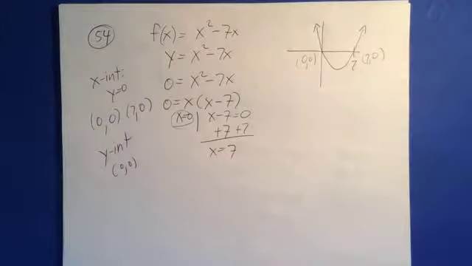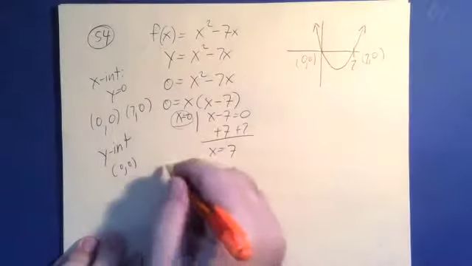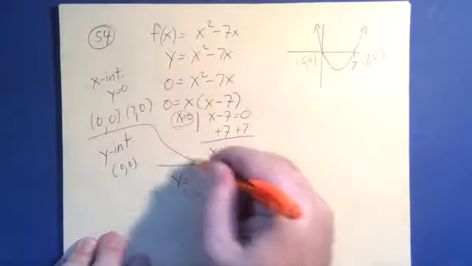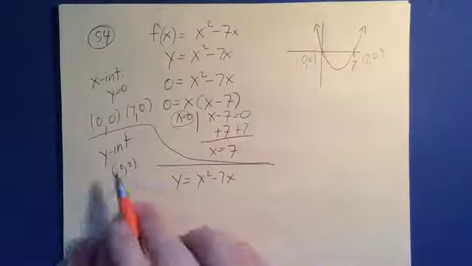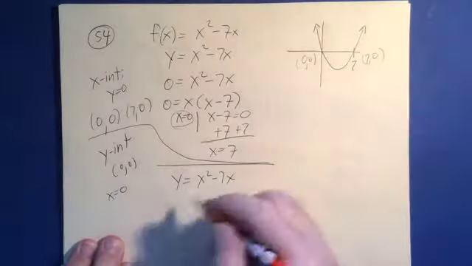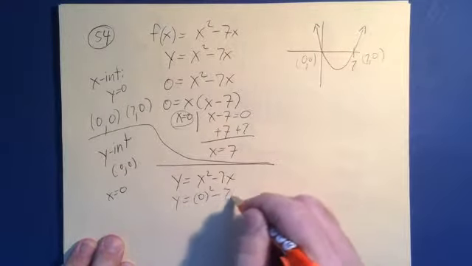But let's say you couldn't pick that up right away, and let's say you just had to test this out for yourself because you didn't believe it. Let's go ahead and write down y is equal to x squared minus 7x. Well, remember, at the y-intercept, x is equal to 0. Let's go ahead and put that in now. So y is equal to 0 squared minus 7 times 0.